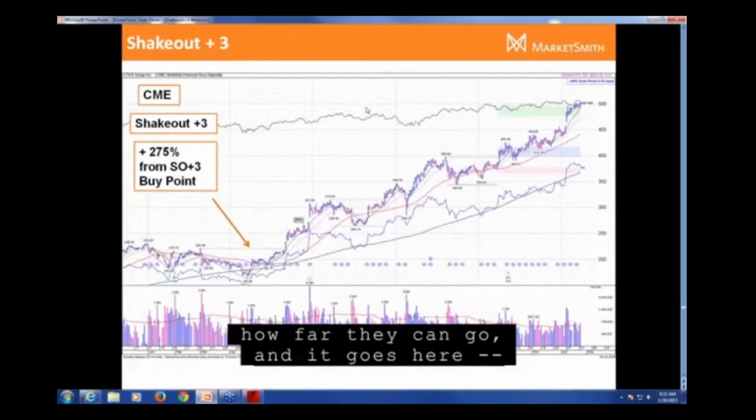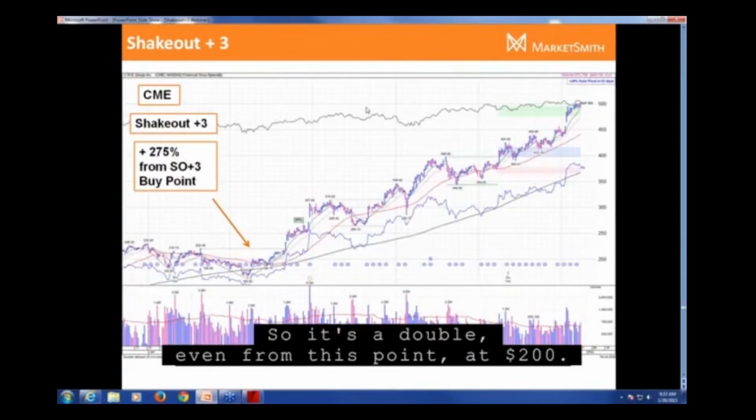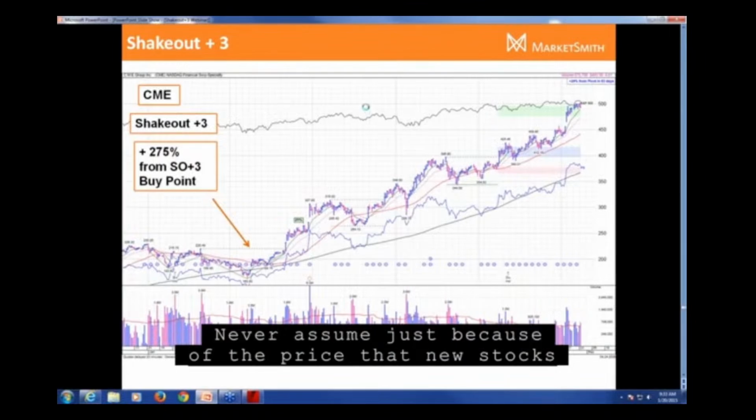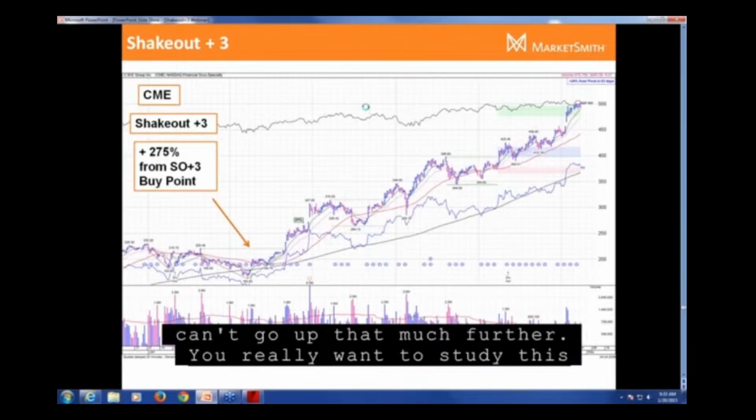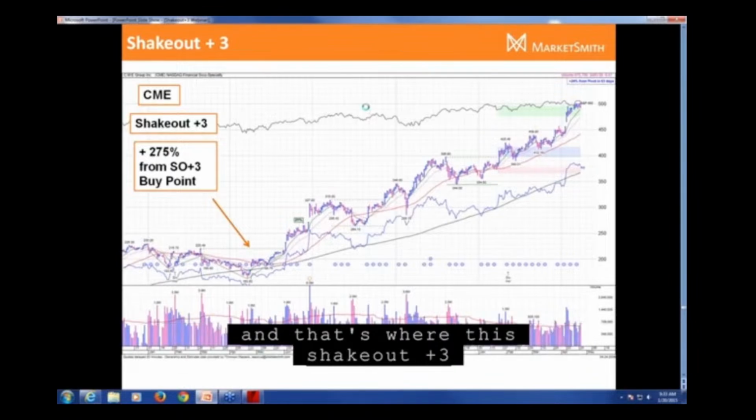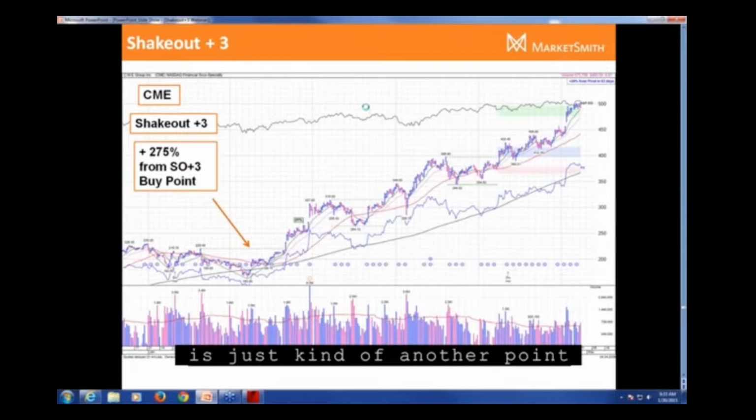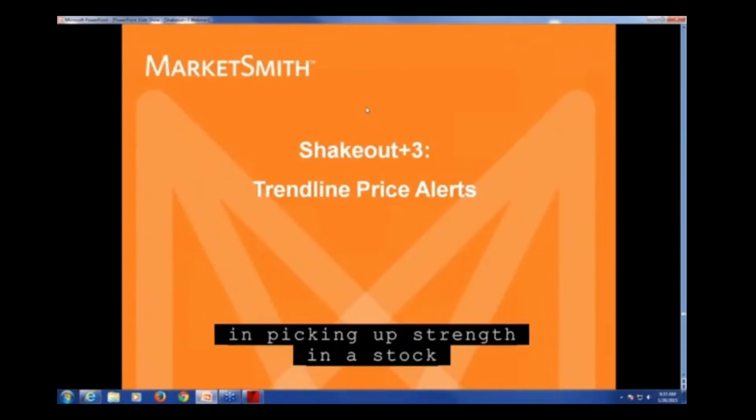And here you go, up to 500. So it's a double even from this point at $200. So never assume just because of the price that these stocks can't go up that much further. You really want to study this. And this Shakeout plus 3 is just another point in picking up strength in a stock.